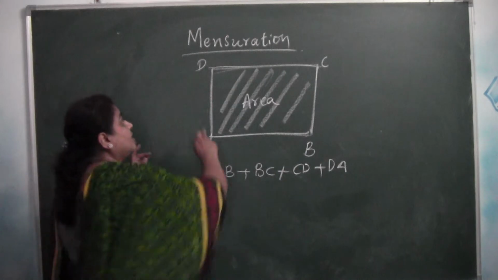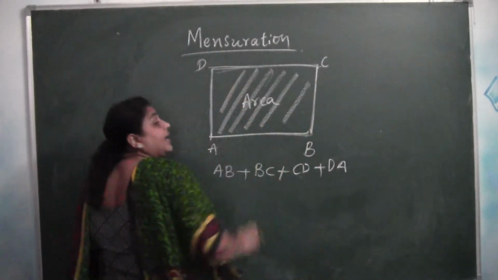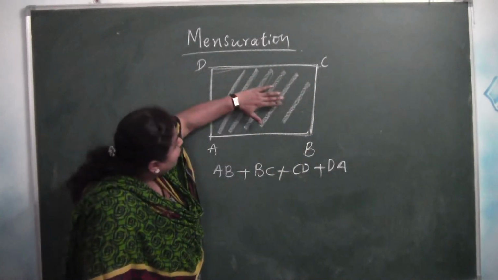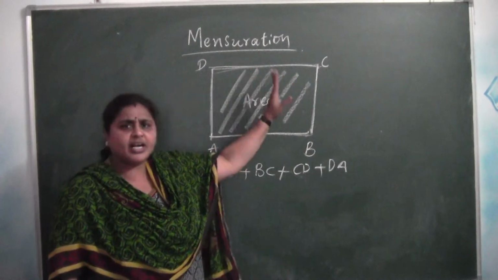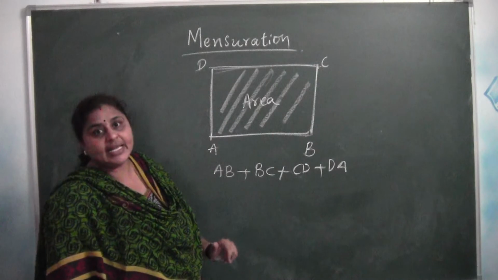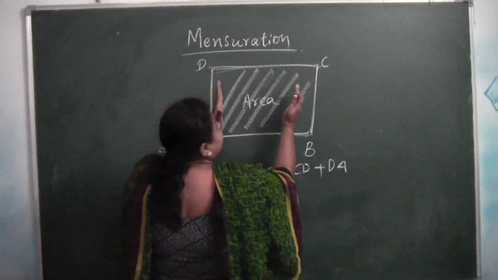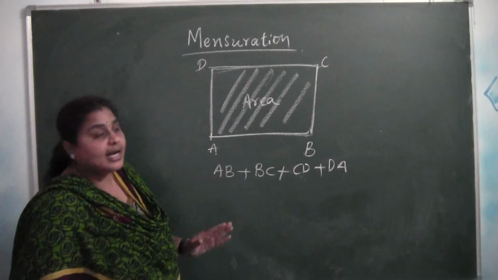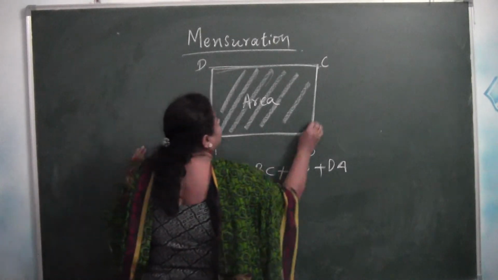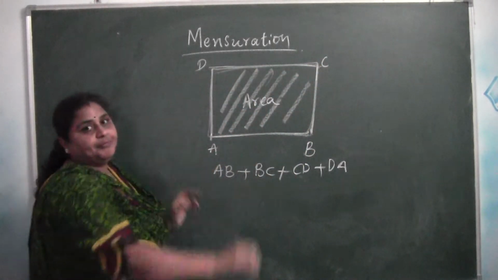Boundary in the sense all the 4 sides, children. Area is nothing but the closed part in between the 4 sides or 3 sides, whatever it is. Simply, the interior part of a closed figure is area, the exterior boundary of a closed figure is perimeter.